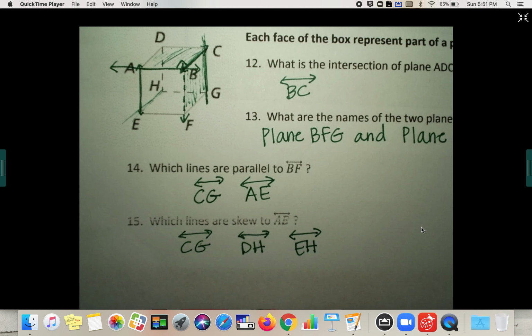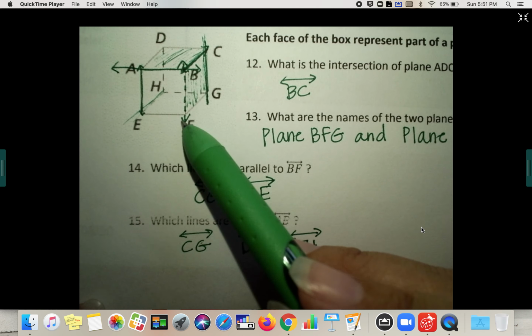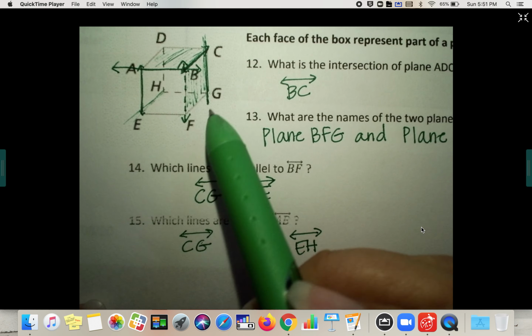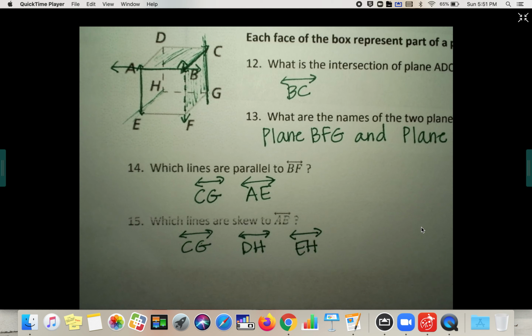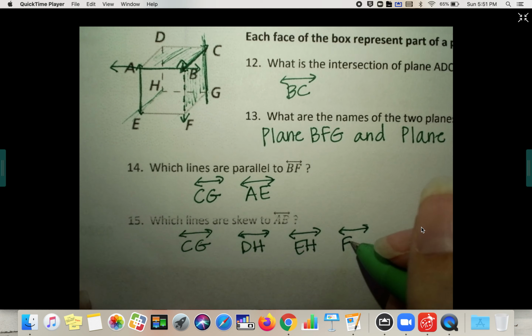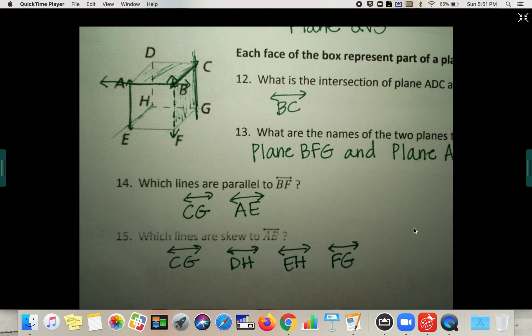And then there's one more. Look at FG. It's kind of the same situation as EH over here. FG is also, I guess you could call it horizontal, but will never intersect it and is not parallel. So FG is also skew. Okay, and that is the end of your notes for 1.2.